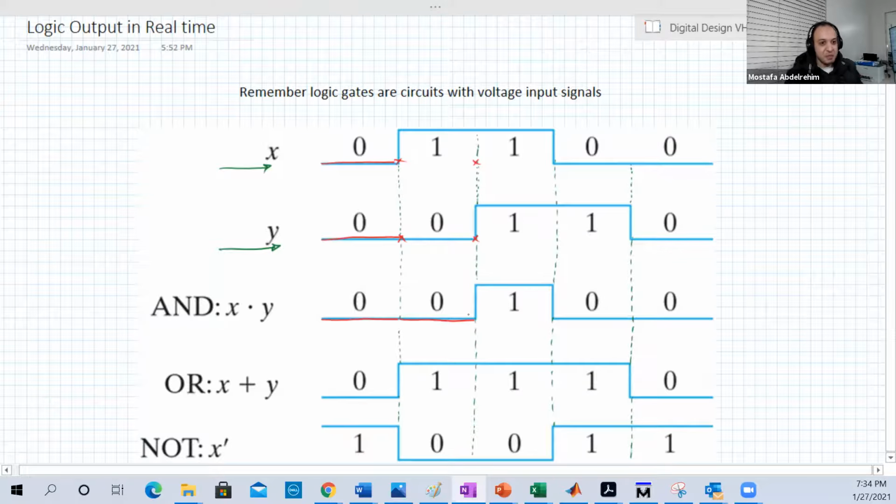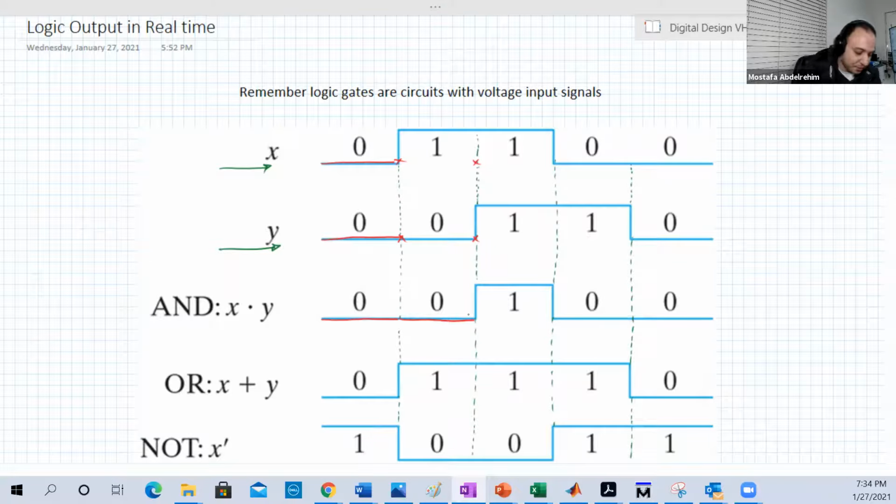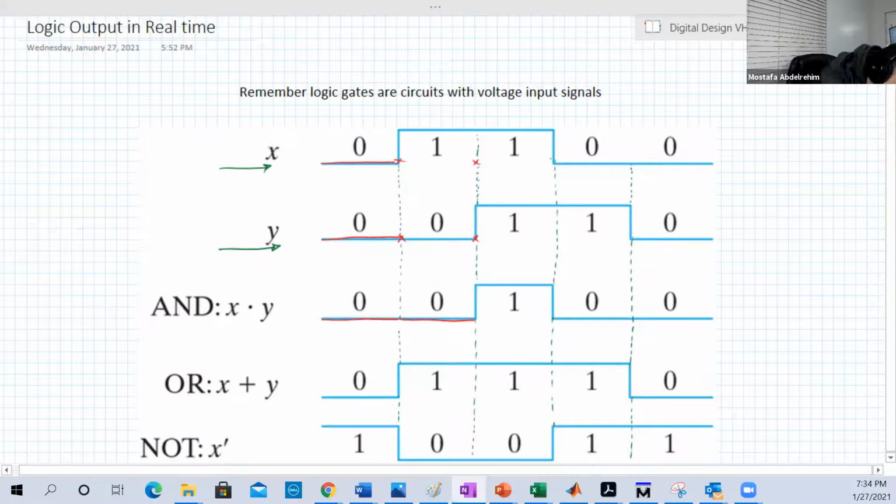As we said, both should be true, or 1, to have an output of 1. Now, from that point to that point, both are 1, so the output is 1. And again, from that point to that point, one of the inputs is 0, so we have 0. Then we have 0 again at the end, because both are zeros.